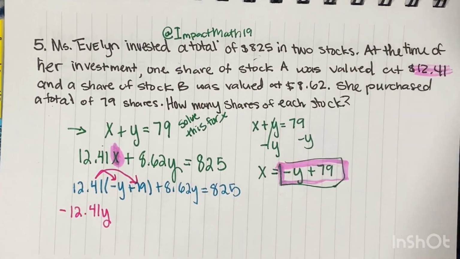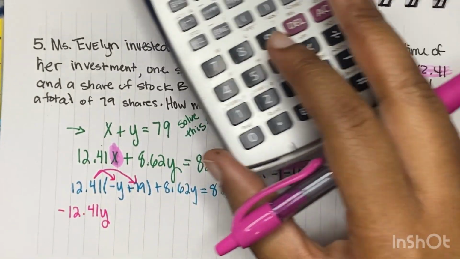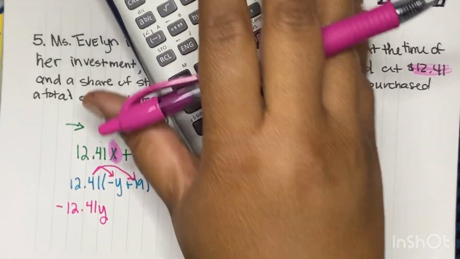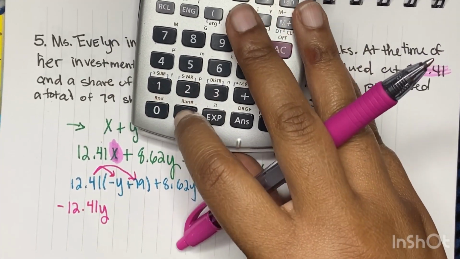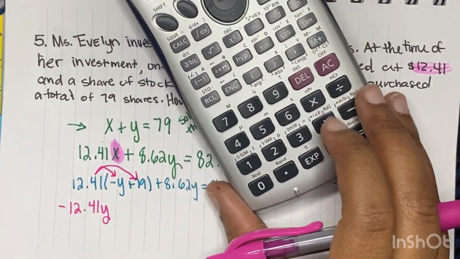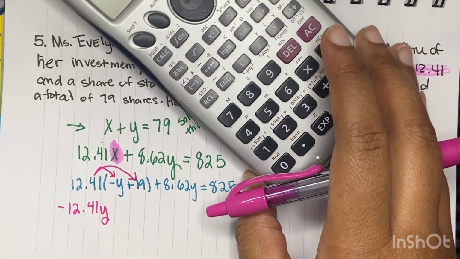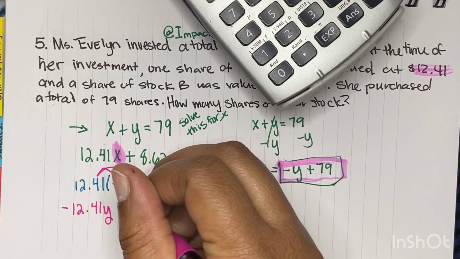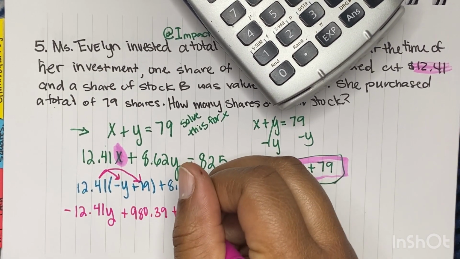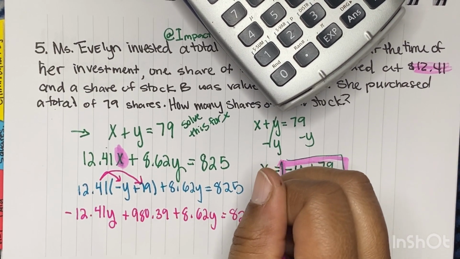So we're going to do a positive times a negative gets us a negative 12.41Y. And then we're going to do 12.41 times 79, which is going to give us 980.39, plus 8.62Y equals 825.